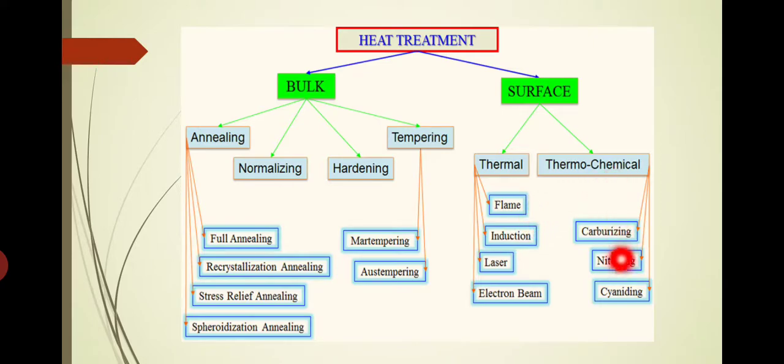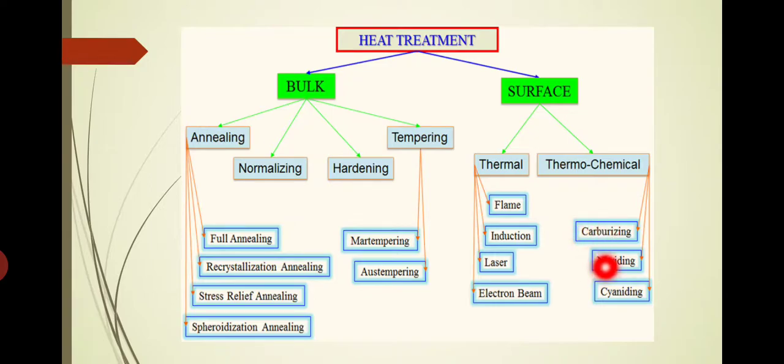In the thermochemical method, we utilize thermochemical reactions or diffusion properties for providing hardness to the surface. Carburizing means carbon is diffused into the surface up to a 2 mm or 3 mm depth. The lower portion will be kept as such, so only the surface will get hardened by carburization.